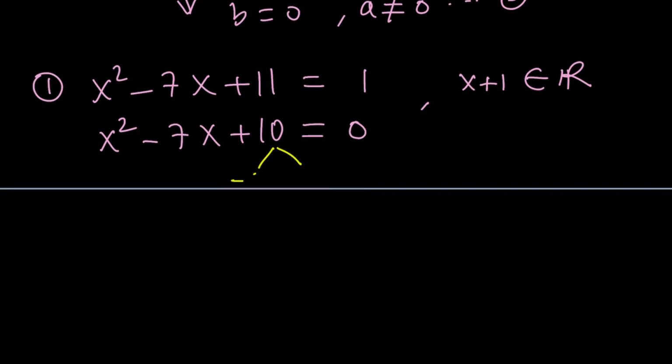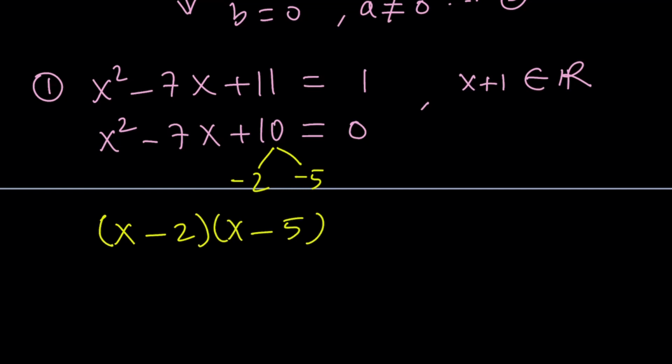I wanted to walk you through this because a lot of times I just walk through the solution as if I found it on the first try, but that's not the case. Anyways, the idea is to find two numbers whose product is 10 and whose sum is -7, and we found them. Then you can pair them up with x's and write it as (x - 2)(x - 5).